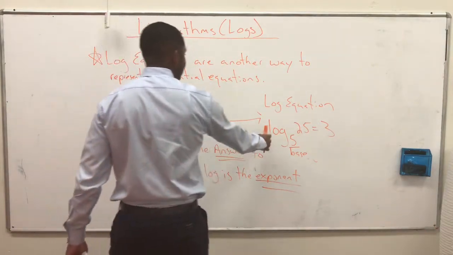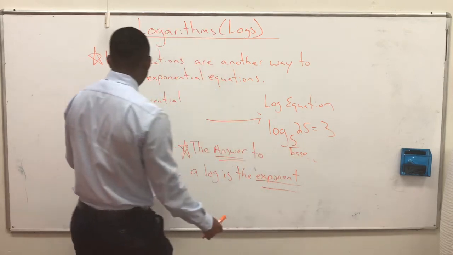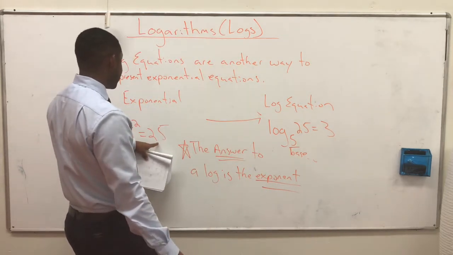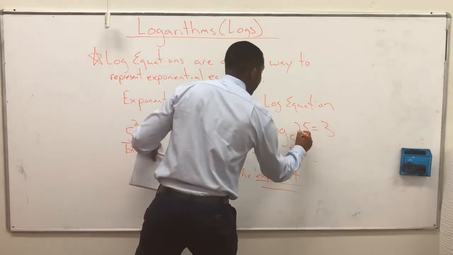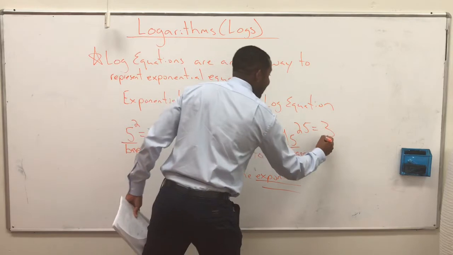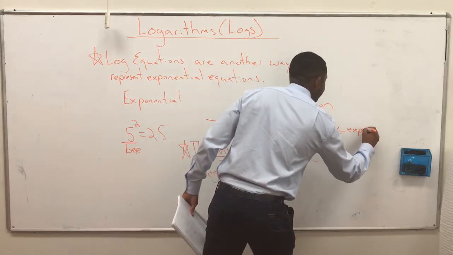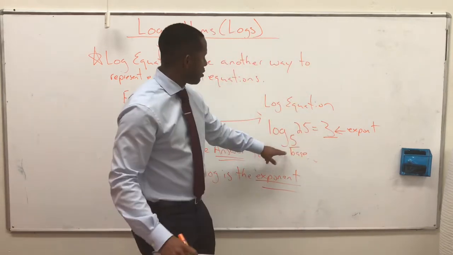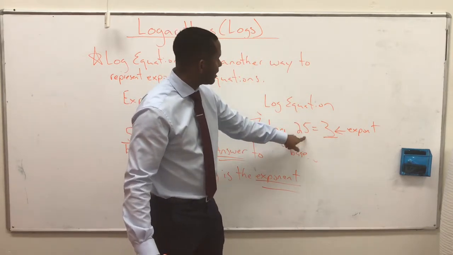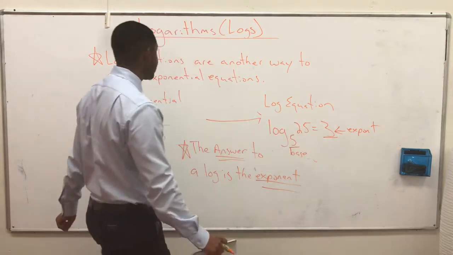So in this situation, I have log base 5 and 25, and the thing I don't know, my answer, is 2. This was the exponent. It's the exponent on base 5 that would get me to 25. 5 to the second is 25.